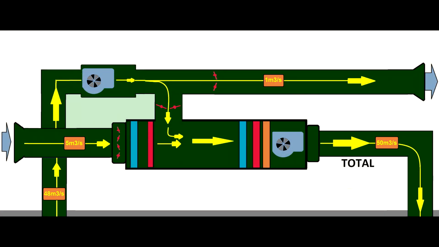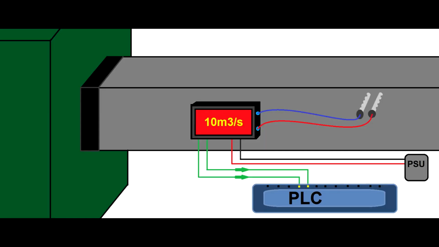So let's look closer. This is the AHU, and what you see in red represents all the area that needs to be monitored. The airflow in an air handling unit must be controlled, and for this we use automation.